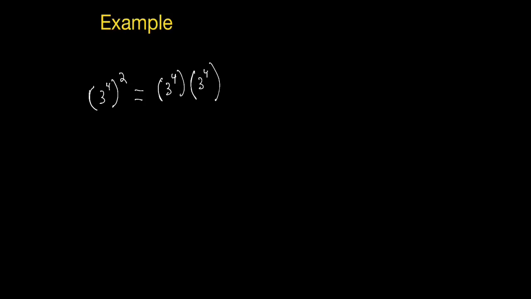But now we can rewrite this as 3 to the 4th times 3 to the 4th. And remember, what we learned the other day was that whenever you have the same base, you can add the exponents together. So we can rewrite this as base 3 to the 4 plus 4, which is going to give us 3 to the 8th power.